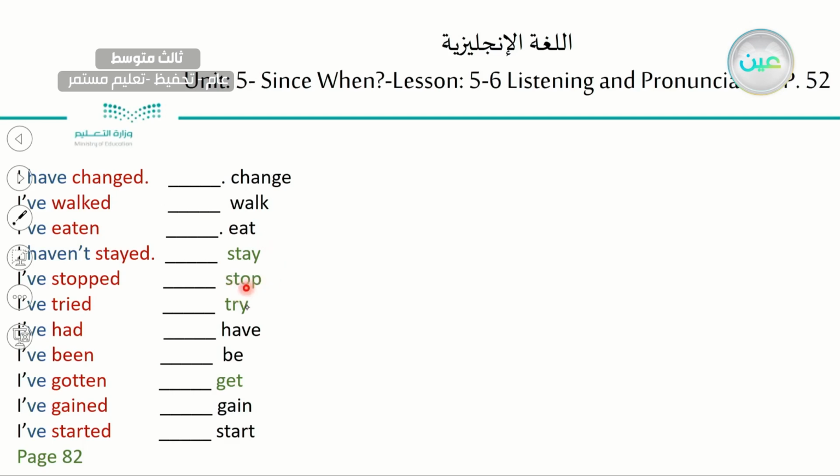Here we have stop. Stop, the past form is stopped. Why did we add a double P then an ed? Because before the P we have a vowel. If you see a vowel, you have to double the consonant and then add ed.